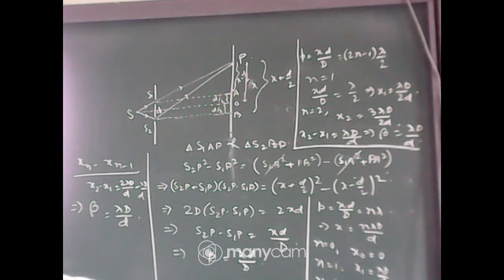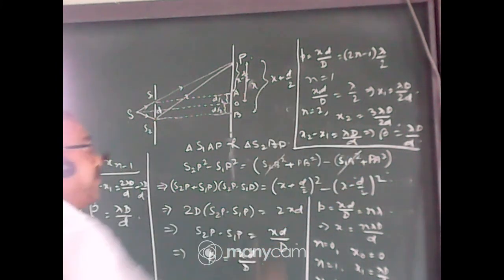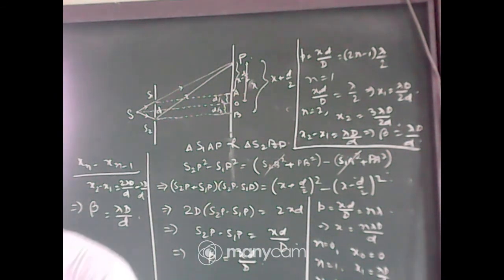The interference pattern is obtained in the focal plane of a micrometer eyepiece, and with its help the fringe width beta is measured, by measuring the distance small d between the two coherent sources and their distance capital D from the eyepiece. The value of wavelength lambda can be calculated from that equation: lambda equal to beta small d by capital D.